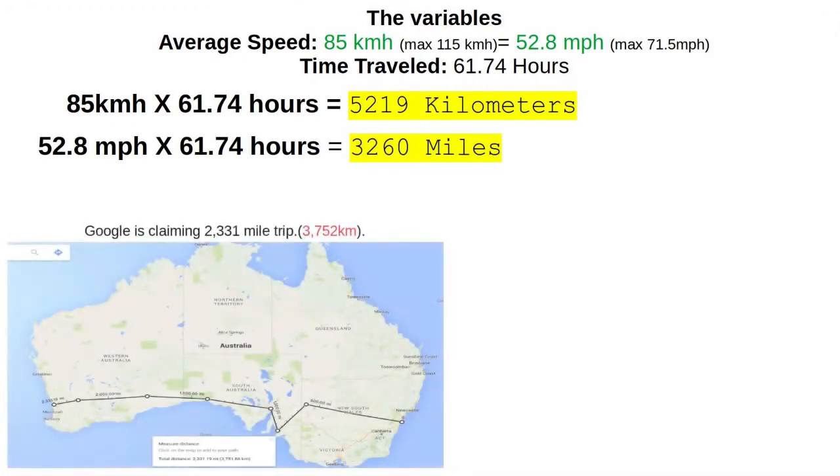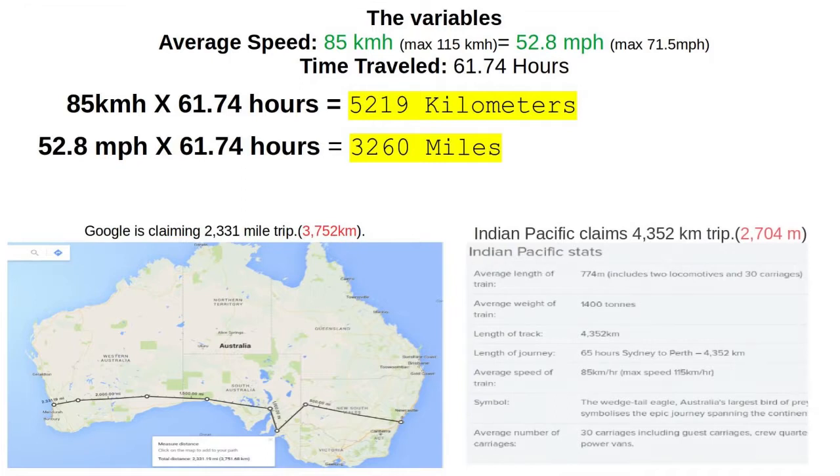Now, when we compare that against Google, there's a dramatic, and I mean dramatic, difference in the distance of the two. And then for Indian Pacific, it's not quite as drastic, but it's still substantial.